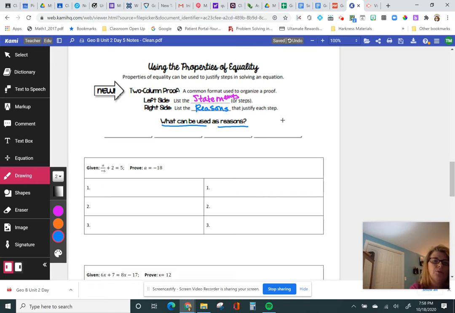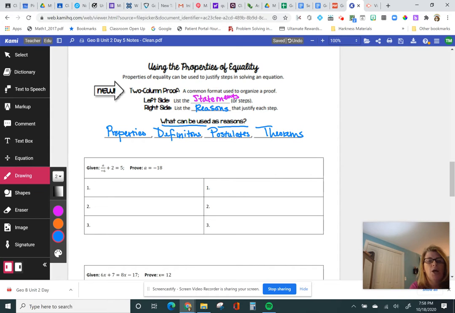The only things we can use are properties, definitions, postulates, and theorems. So for right now, we're just dealing with algebra, which will be fine, right?